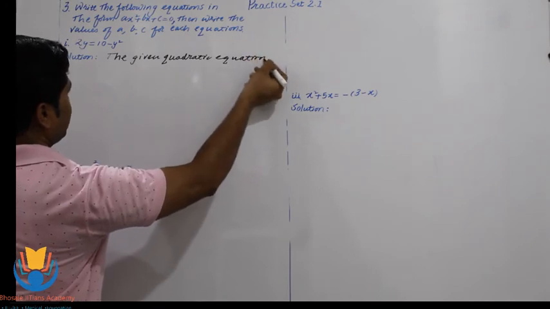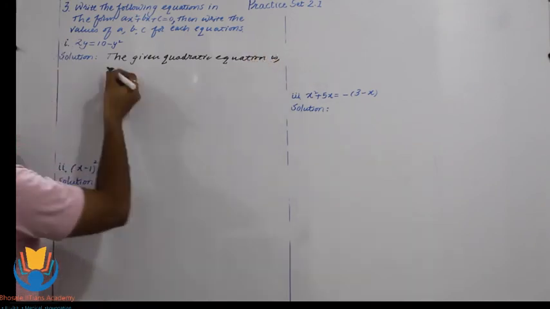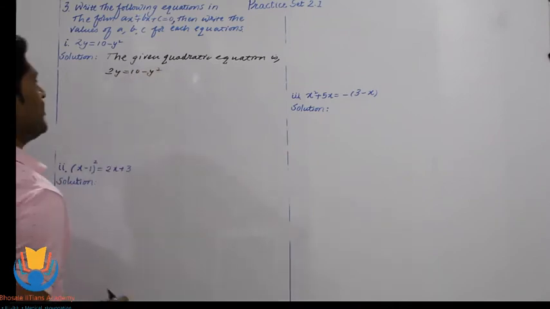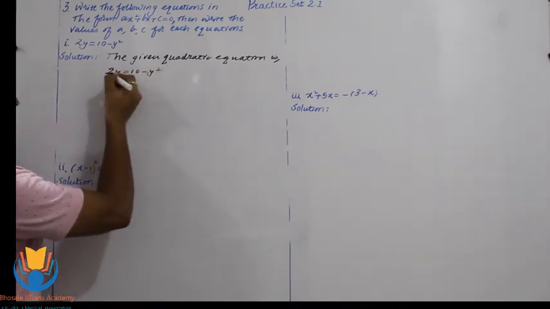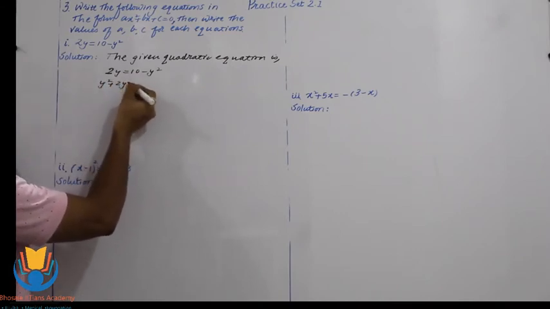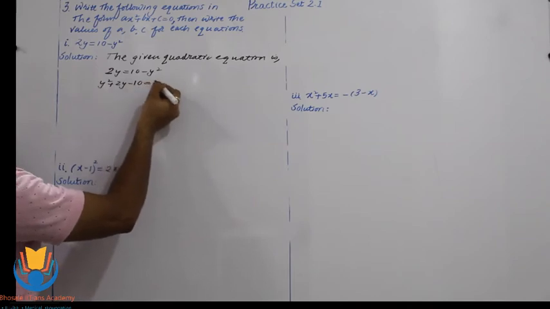And that quadratic equation is 2y is equal to 10 minus y square. So get all the terms on the left hand side. So y square plus 2y, whatever it was, and minus 10, which is equal to 0.